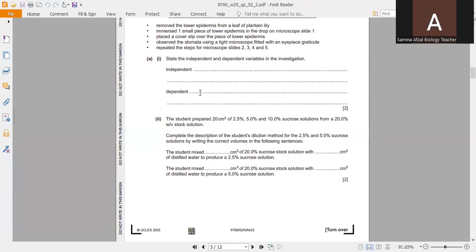You can see here in this investigation, we are going to observe, with different concentrations of sucrose solutions, the stomatal aperture, the opening of the stomatal aperture. So the independent variable in this is the concentration of sucrose solution.